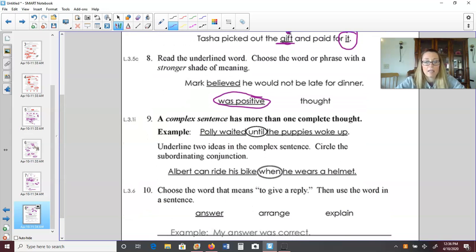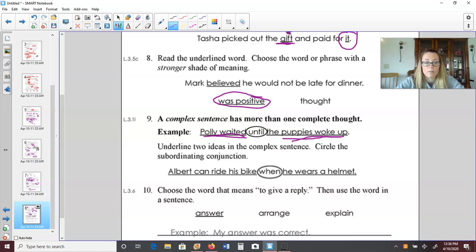Number 9 says a complex sentence has more than one complete thought. For example, Polly waited until the puppies woke up. Okay, so they want us to underline the two ideas in this sentence. So like here in the example, Polly waited is one example of a thought, and then the puppies waking up is another complete thought.